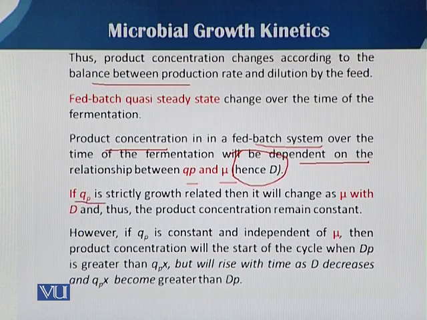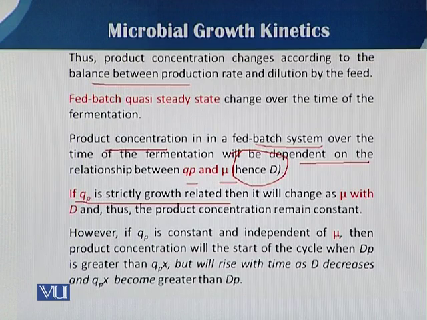If qP is strictly growth related, meaning our product is growth related, then it will change as mu changes with D. So if mu and D are disturbed or changed, then we can say that our product associated with the biomass will also change.